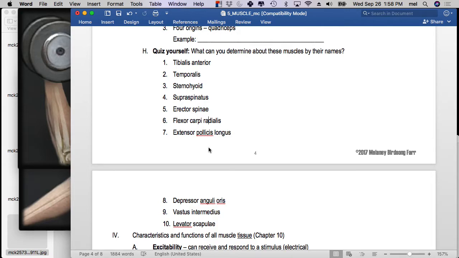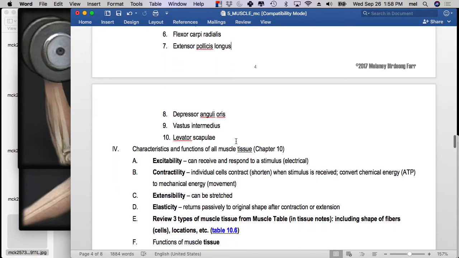Flexor carpi radialis? Okay. Right, who's confident with talking us through the extensor pollicis longus? Extensor pollicis longus. Go ahead. So that's going to be on the lateral side of the thumb.